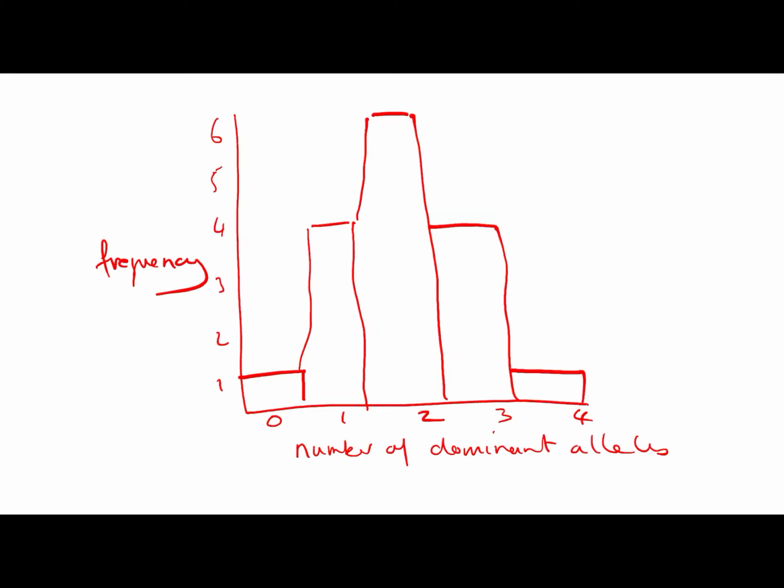Now, this is only looking at 2 genes. Many characteristics involve more. Height involves at least 3 or 4 different genes that we know of that contribute cumulatively to height. But what you're starting to see is the beginning of a normal distribution curve.